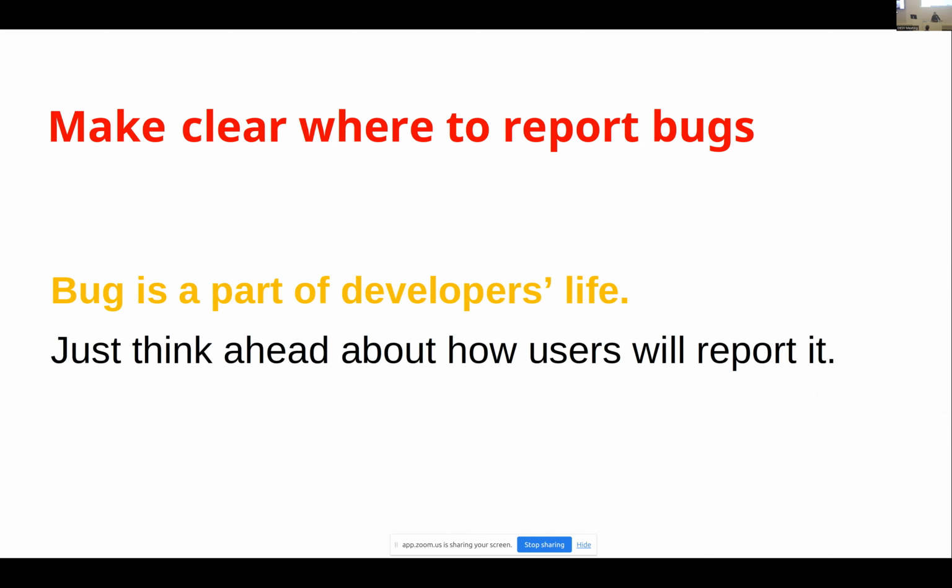Yeah, bugs are part of a developer's life. As I said, sometimes if you don't have bugs, your application is not used. You should be used to it, and you should think about it in a positive way. So yeah, you should make it clear to users where to report bugs.